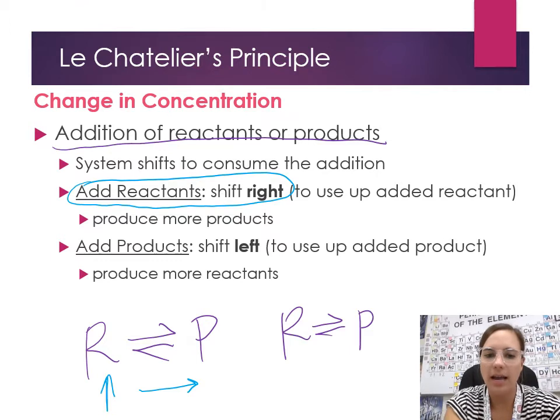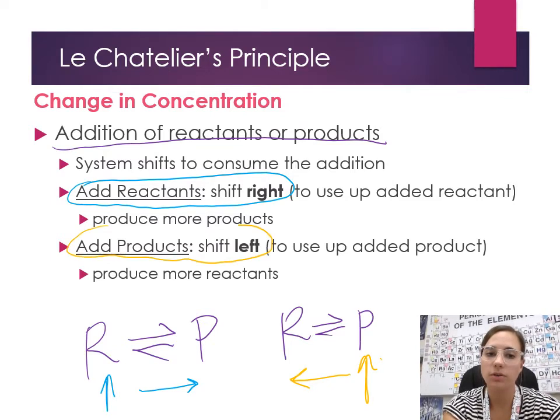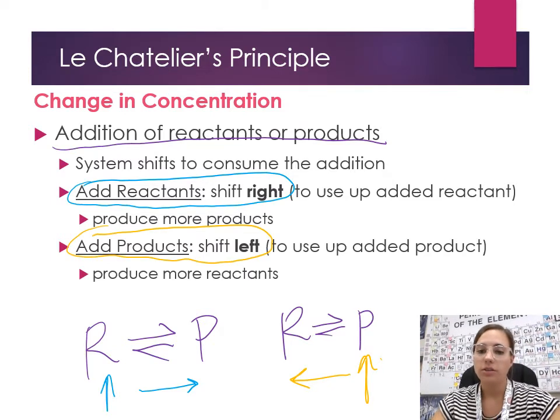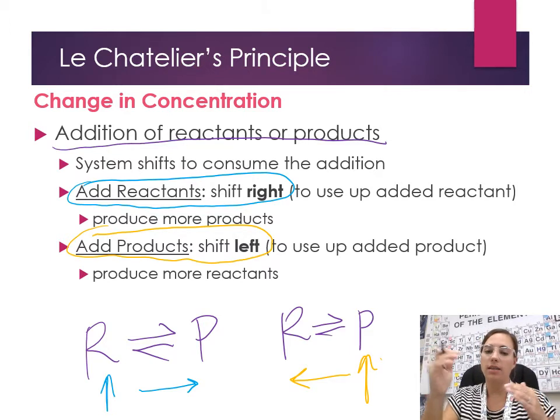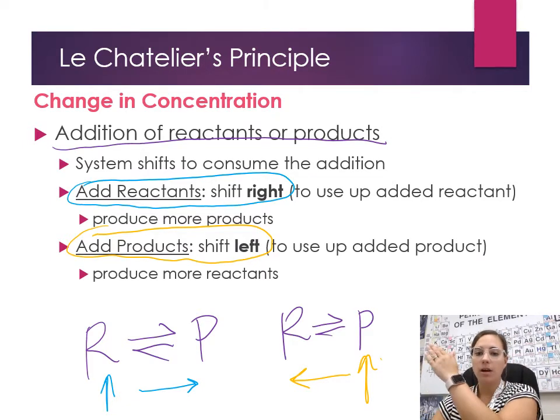Now, what if I add product? Well, I need to use up that added product, so I have to shift left. Then I make more reactant, and my Q is going to equal K again. I'm back at equilibrium. So if I add reactants, I shift right. If I add products, I shift left.